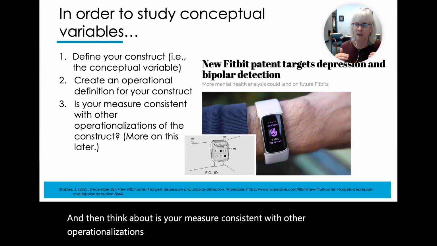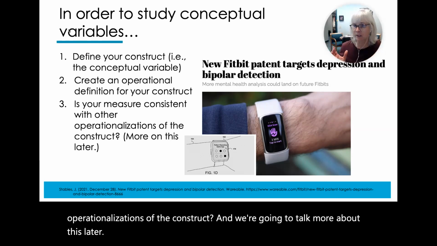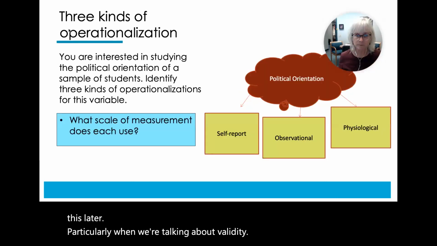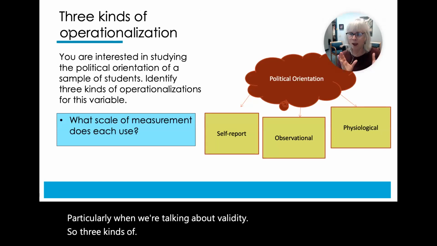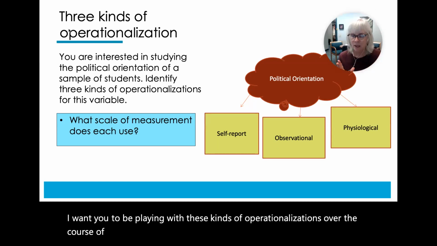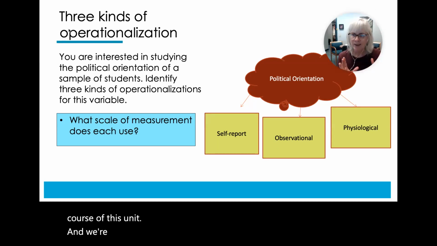We're going to talk more about this later, particularly when we're talking about validity. I want you to be playing with these kinds of operationalizations over the course of this unit. And we're going to be using the ideas here in the next 2 videos.